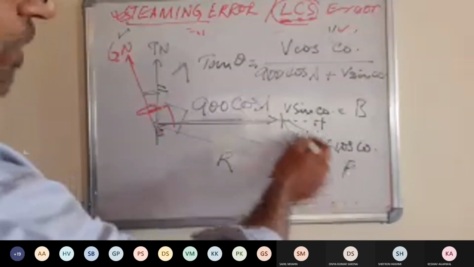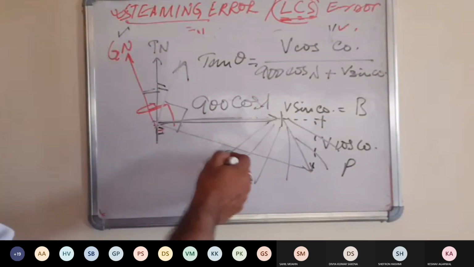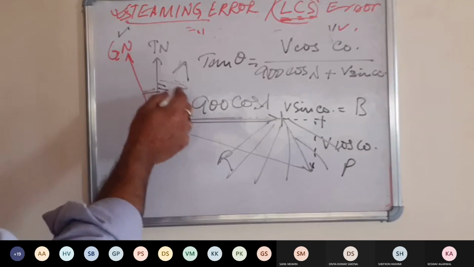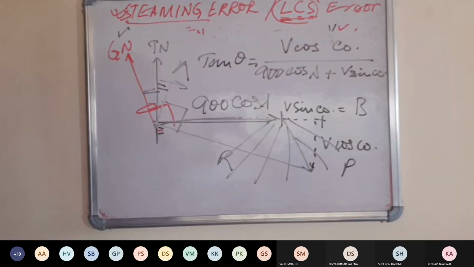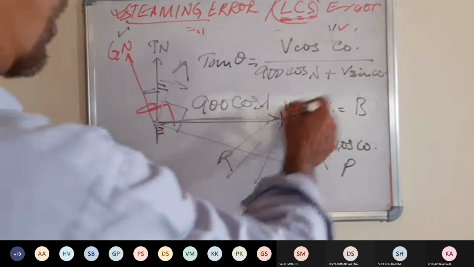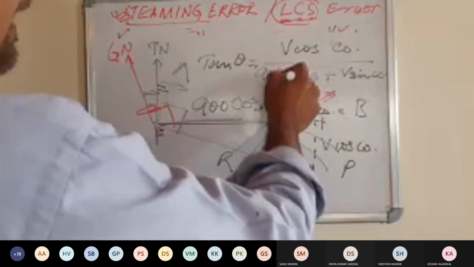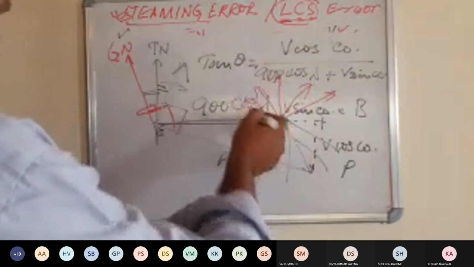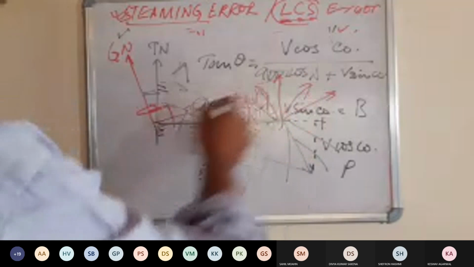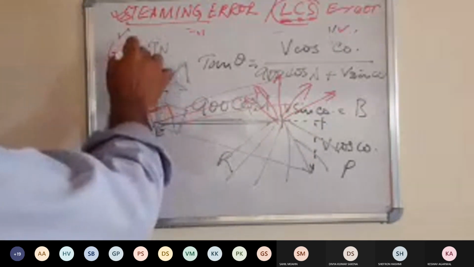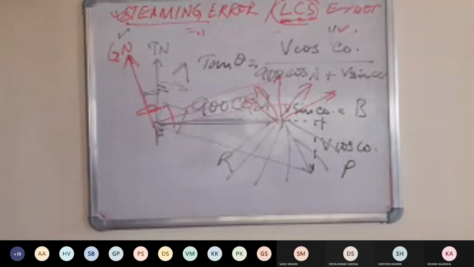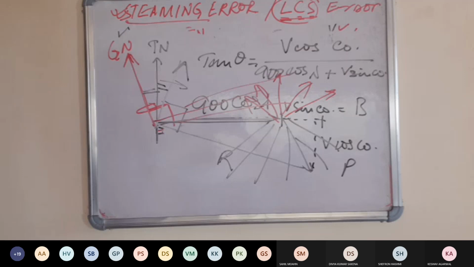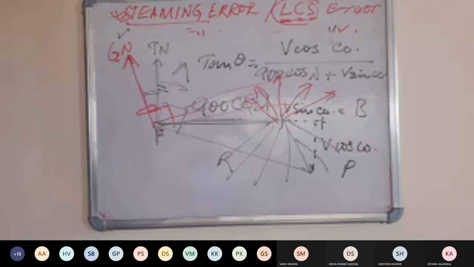So going south, all the time the error is easterly, and going on any course on the north side, the resultant will always be like this. The error will be westerly. Agreed?